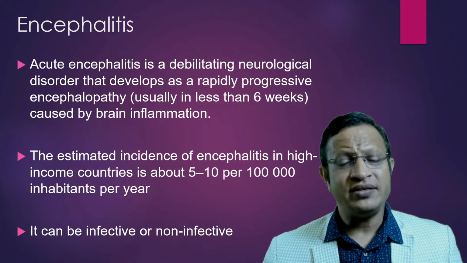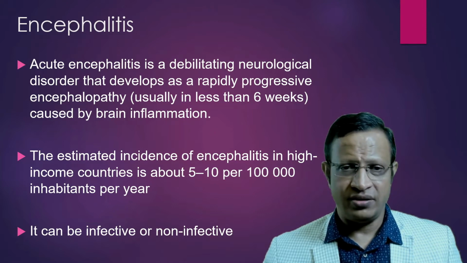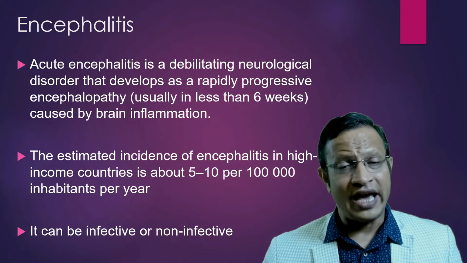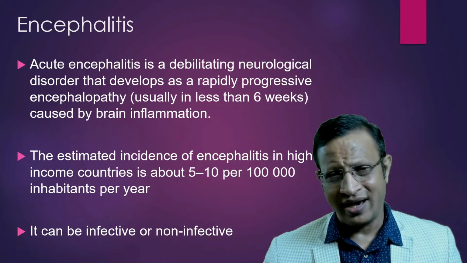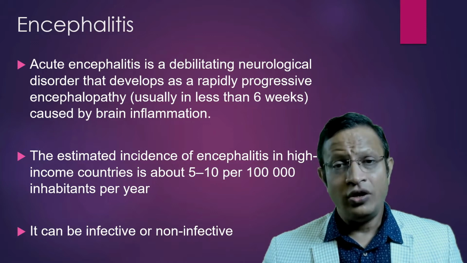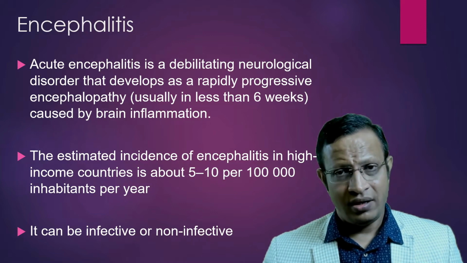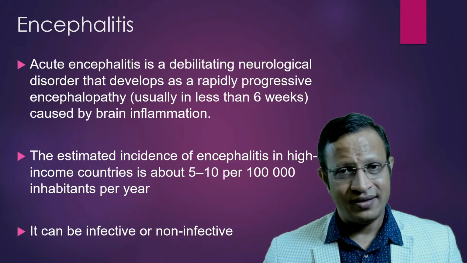The estimated incidence is approximately 5 to 10 per lakh population. This encephalitis can be either infective or non-infective. Infective is basically bacterial, viral or fungal infection. Non-infective can be because of autoimmunity. That means here we are going to discuss autoimmune encephalitis.